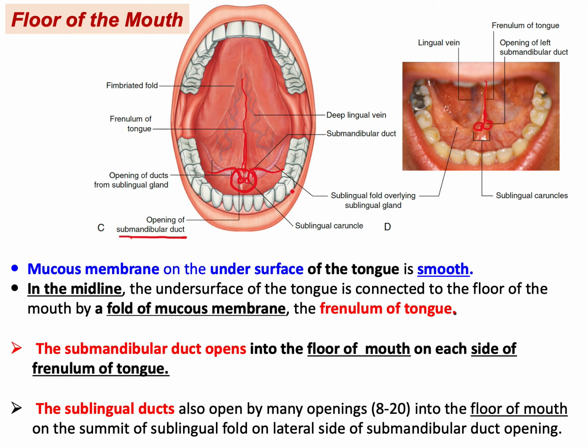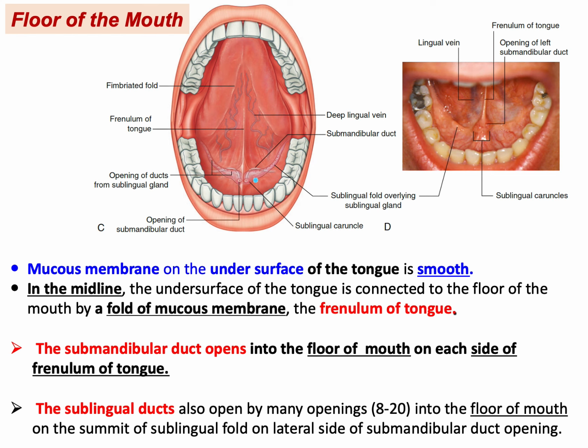Now, not just that, but let me show you, there are also many, between 8 and 20, sublingual openings, I would say, which are openings related to the sublingual gland.